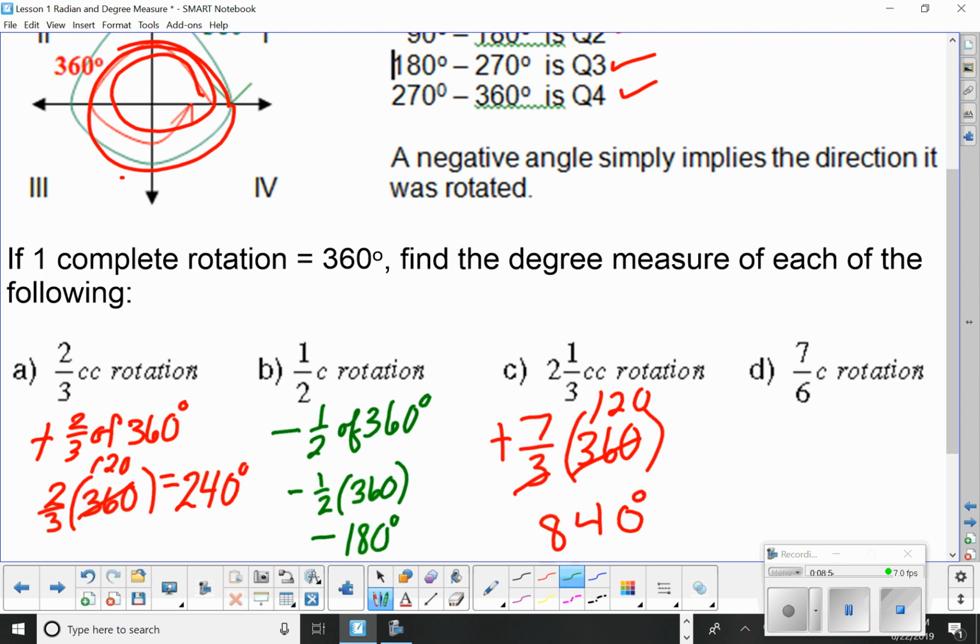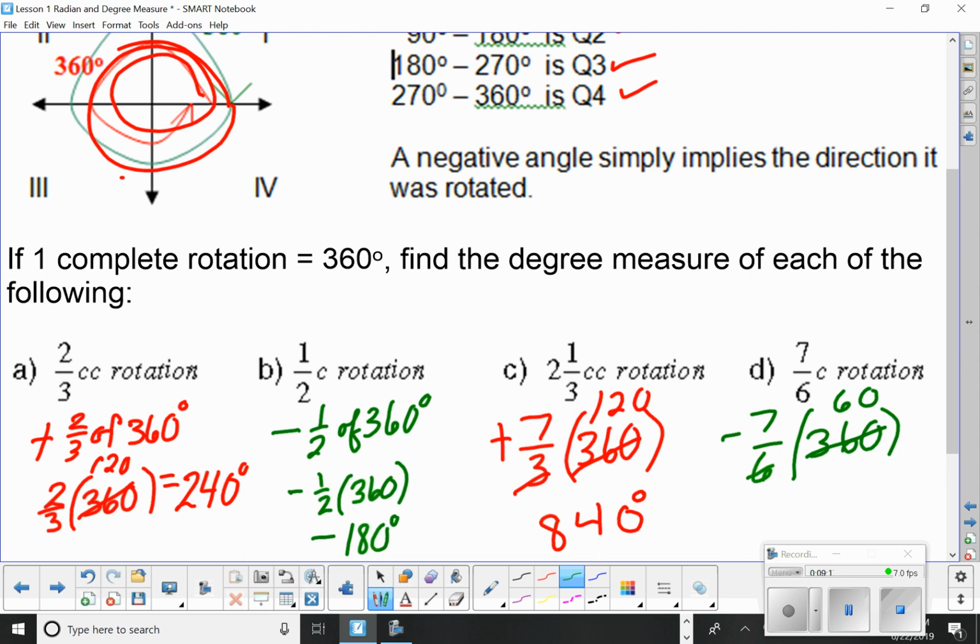7/6 clockwise. This is already an improper fraction. Clockwise tells me it's negative. So negative 7/6 times 360. Again, notice, if I'm giving you this to do without a calculator, I'm simply going to give you nice numbers. 6 will go into 360 60 times.